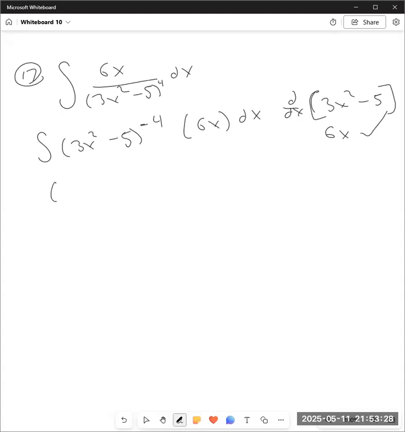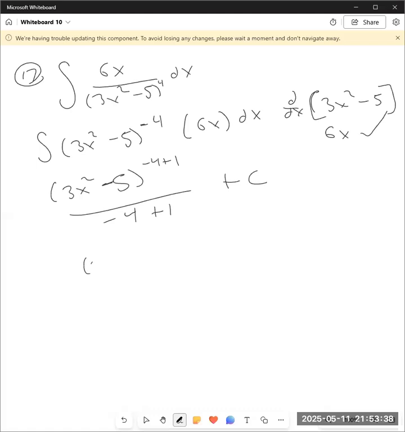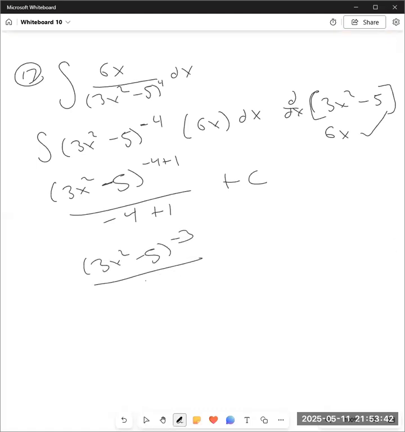So we're going to make this 3x squared minus 5 to the negative 4 plus 1 over negative 4 plus 1 plus c. 3x squared minus 5 to the negative 3rd over negative 3 plus c is a negative 1/3 here, and then 3x squared minus 5 to the positive 3 in the denominator.